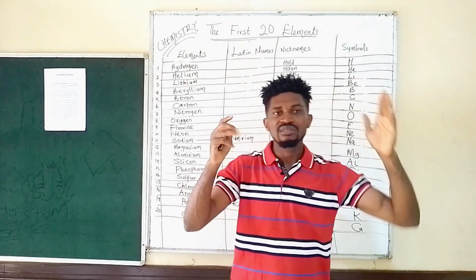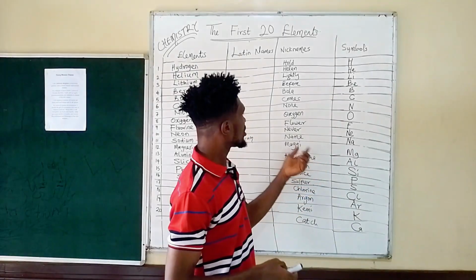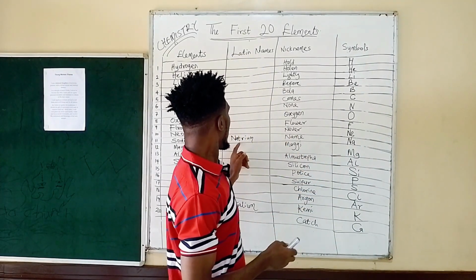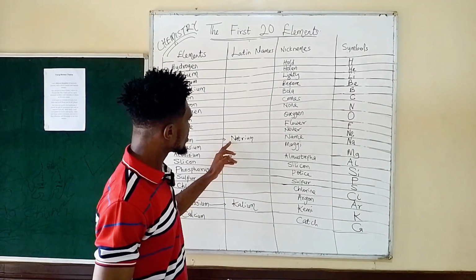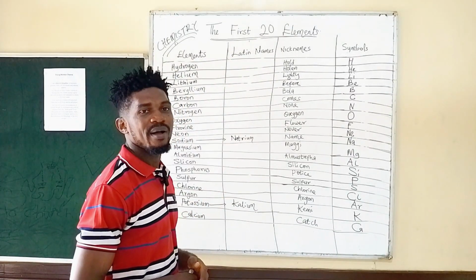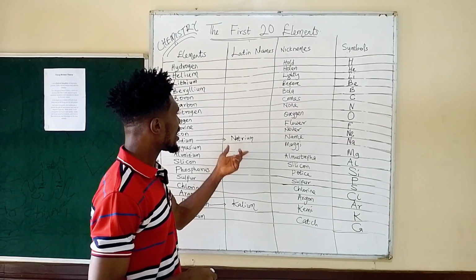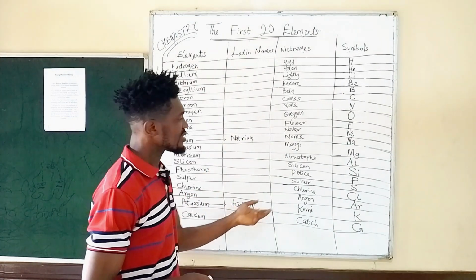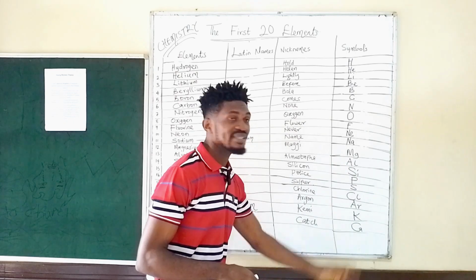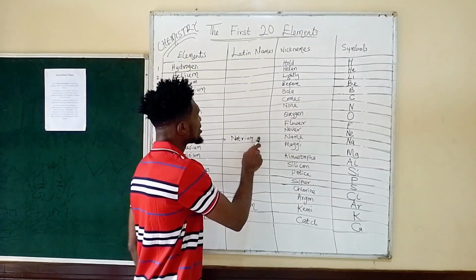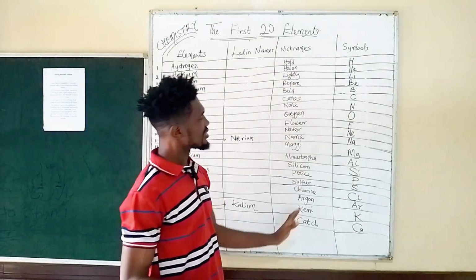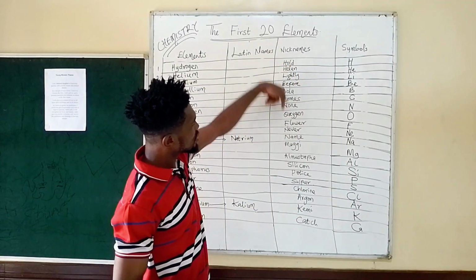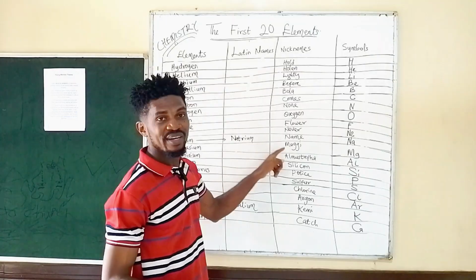That is how it has been represented. And lastly, using what? The Latin names. In the first 20 elements, we have 2 elements that are represented with their Latin names as their symbols, which are sodium and potassium. And in the nicknames, the nickname also goes with the Latin name, for those that have Latin names.